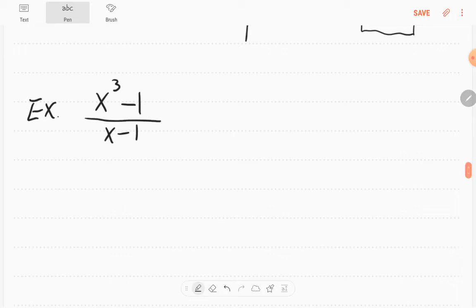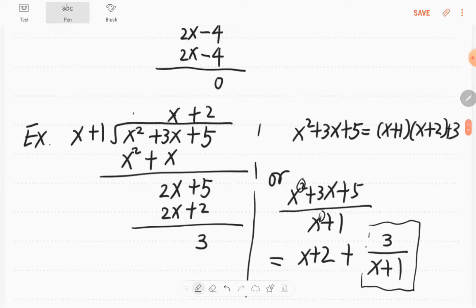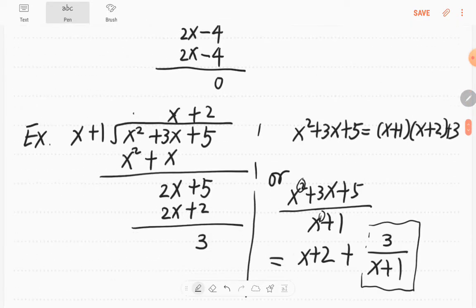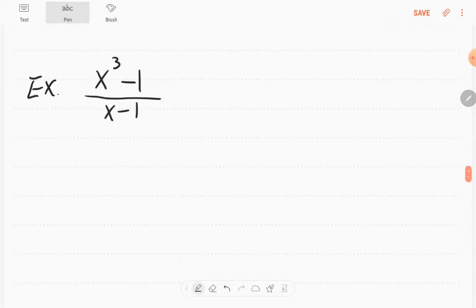In the previous two examples, we had every term, from 2, and 1, and 0, right? Here we have x cubed, but we're missing the x squared term. We have no x term. And then we have the x to the 0 term, which is minus 1, right? This part is x to 0.